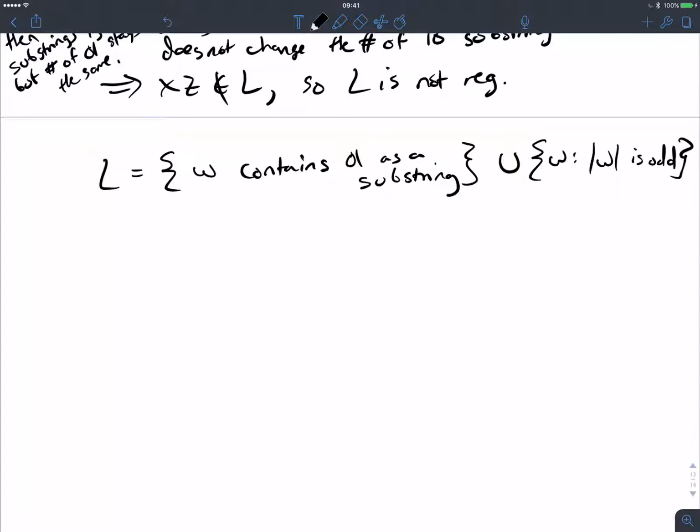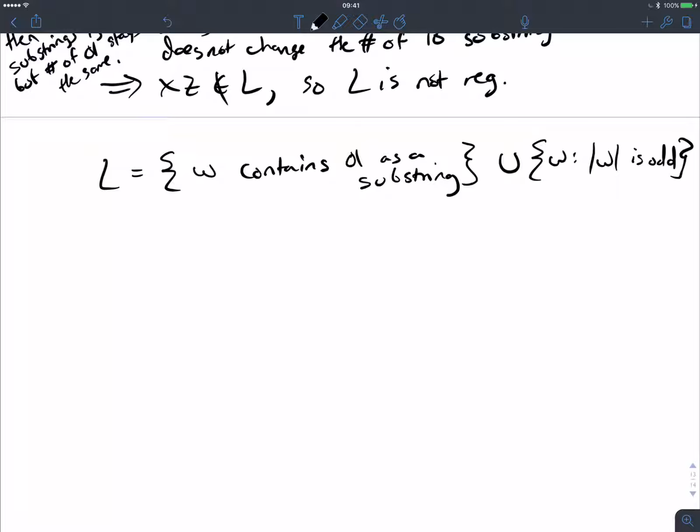So here's a language. It's the union of two things. One of them is W contains 0, 1 as a substring, and we know how to make an NFA for that. And another one where it's just a set of all strings with odd length. Okay? Could I make a DFA for both?